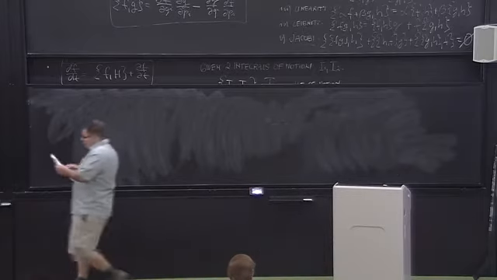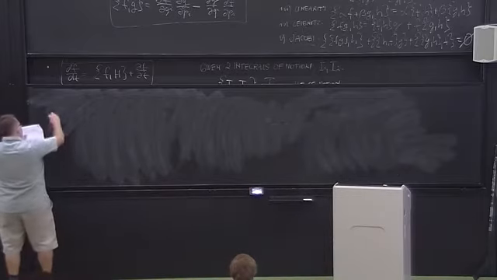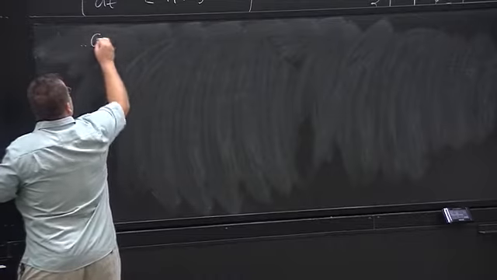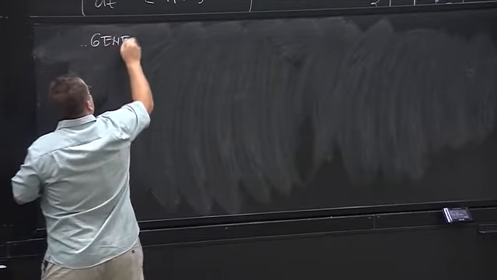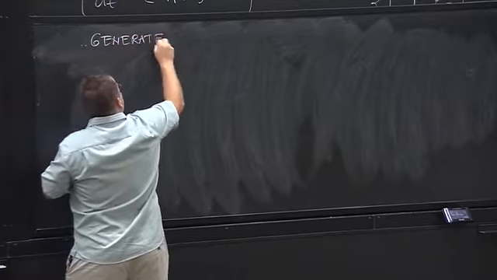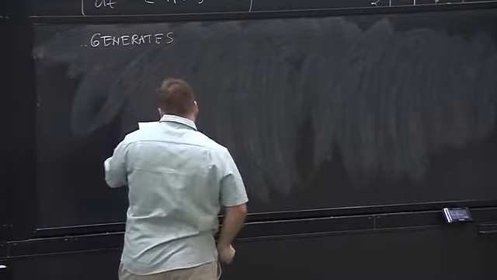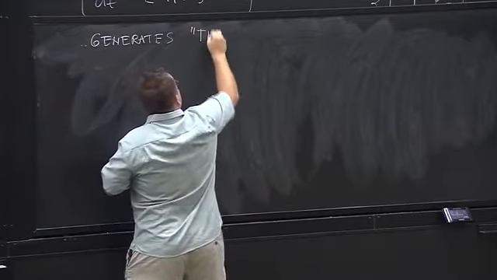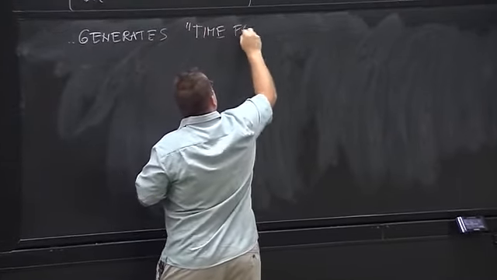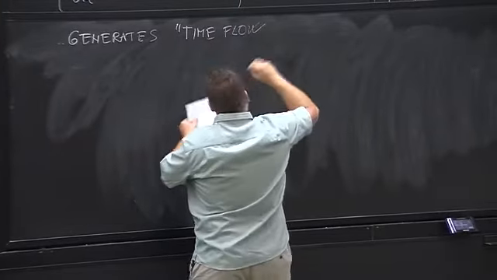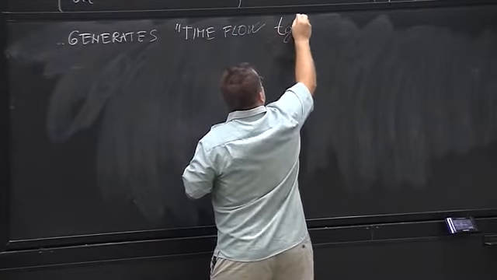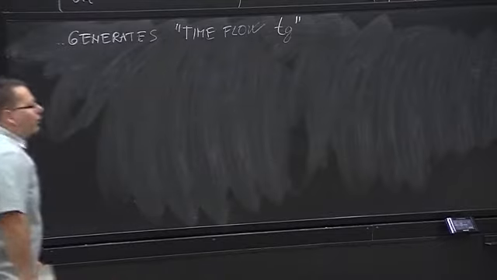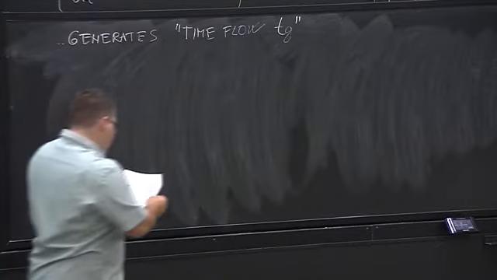So if you think about G and H, this generates a time flow with respect to some time t corresponding to the G function.